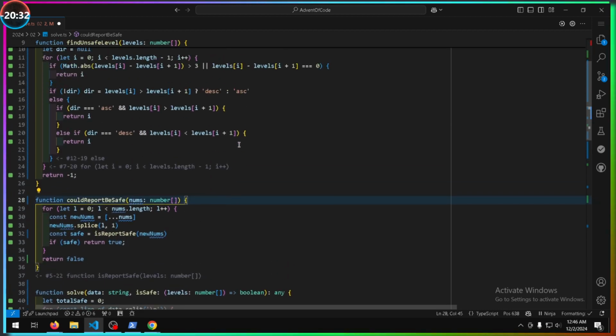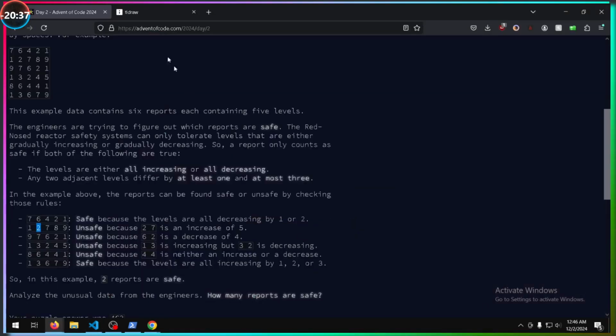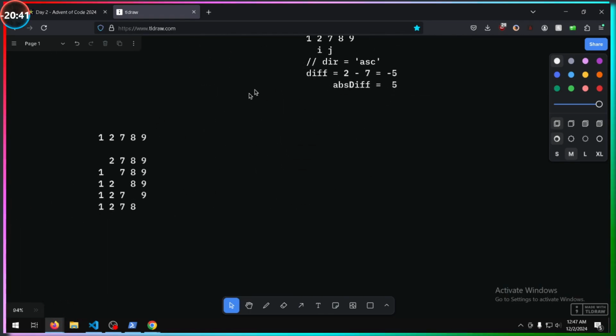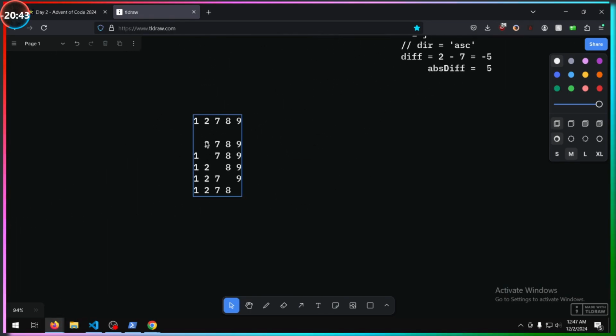So we need to think about my optimization, because I went through it where I was like, hey, once 2 and 7 are the unsafe ones, if you're out here removing 8, then you're wasting your time, because the unsafe level's back here. So let's grab the unsafe level. It's going to say it's 2.